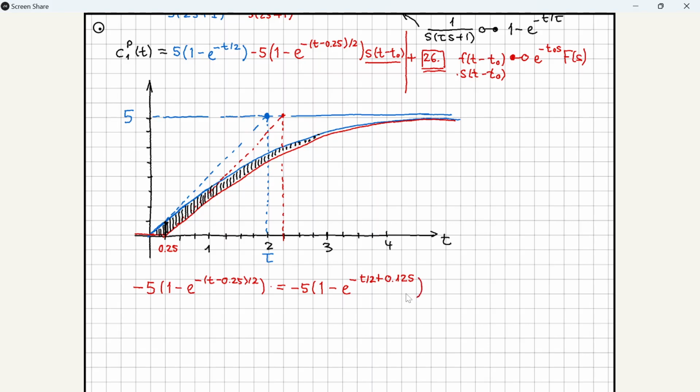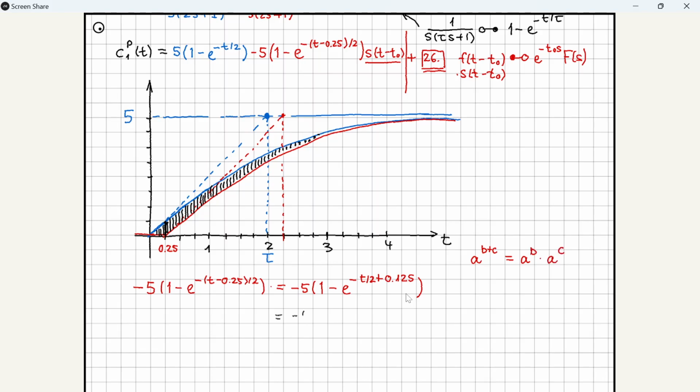Okay. So now if I have a number a to the b plus c, this is the same as a to the b times a to the c.